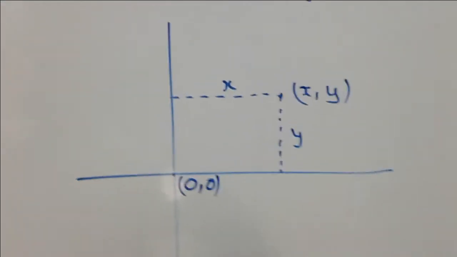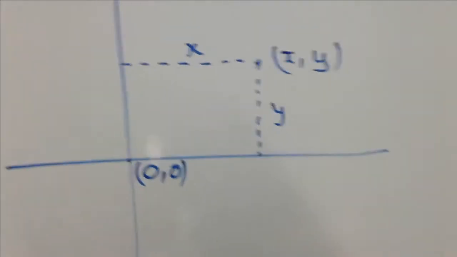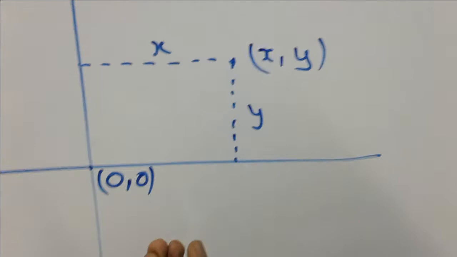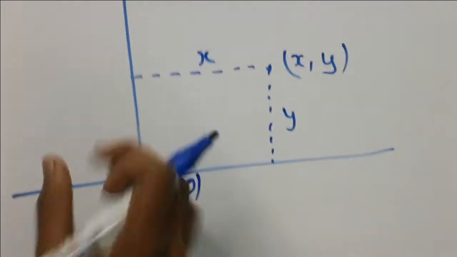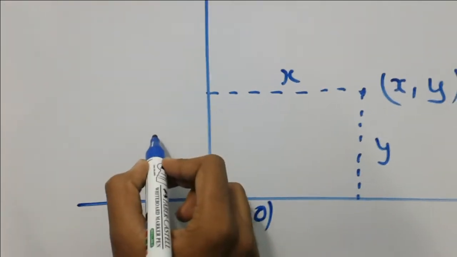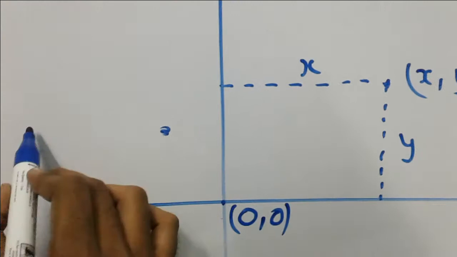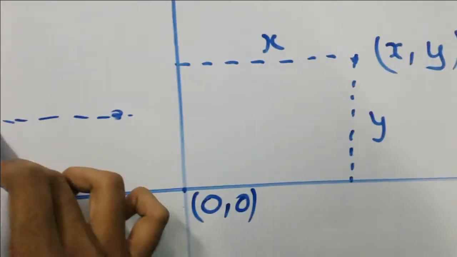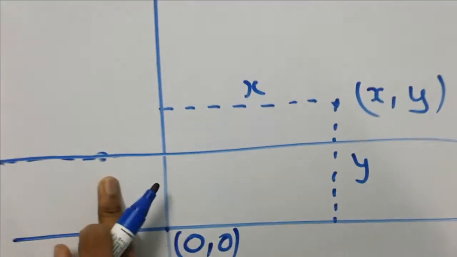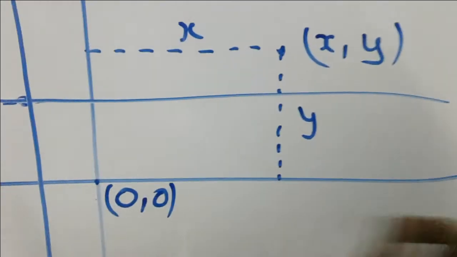Now, what actually happens in change in origin is that this point, which we are assuming at 0 comma 0, is shifted to some other place. Let's say this point will shift here. So this will be the new x-axis and this will be the new y-axis.